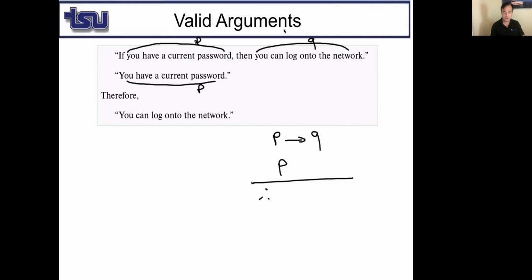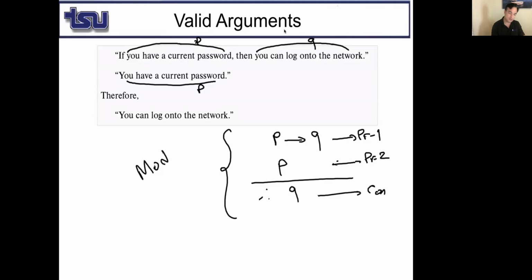Therefore, our conclusion is Q. So this is premise 1, this is premise 2, and this is the conclusion. By the way, there's a special name for this. This is called modus ponens, and we are going to see it soon.